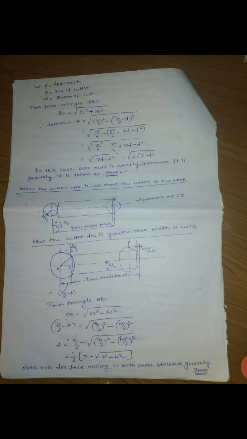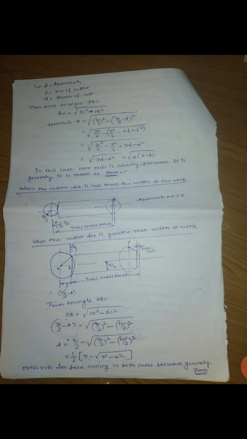So approach length A equals (D/2) squared minus (D/2 minus d) squared, so that you get D d minus d squared, or you can write this as d into (D minus d). In case of overrun, it is usually taken as 3 to 10 mm, and generally taken as 5 mm.